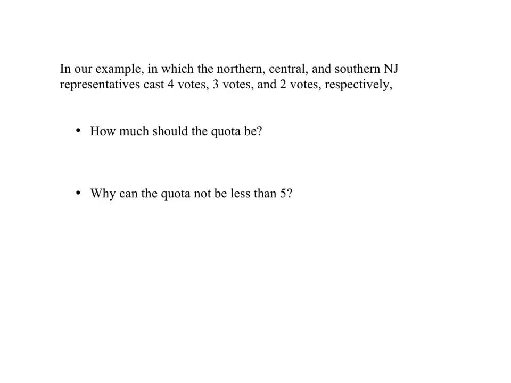Now, in our example, in which the 3 different representatives cast 4 votes, 3 votes, and 2 votes respectively, we can ask, how much should the quota be? Well, there are a total of 4 plus 3 plus 2 equals 9 votes total, so the quota really needs to be more than half of 9, more than half the total number of votes.